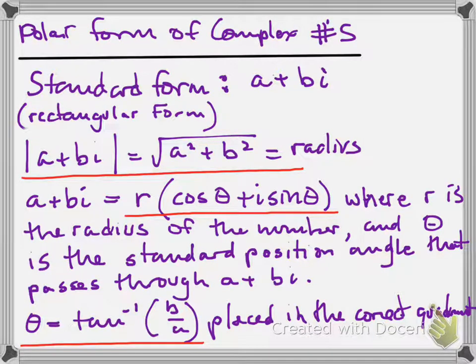Any questions about this before we look at an example? So theta is the direction of the angle. Theta is the direction of the point. Keep in mind that I've been telling you all along that this is related to vector operations, which is what we're going to do in our last little unit of the year.